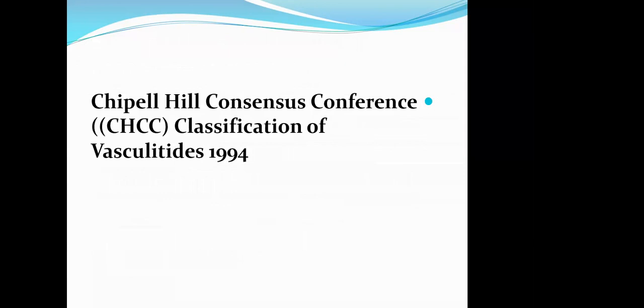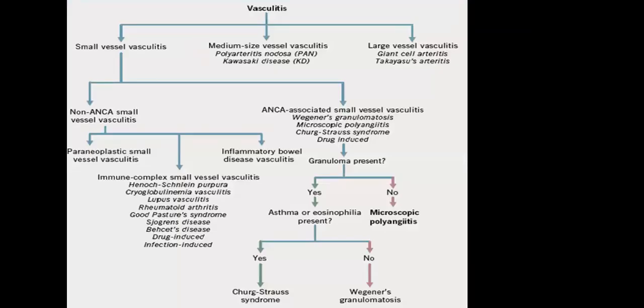We have a classification which was labeled in 1994, and it divides vasculitis according to the size of the blood vessel. We have small vessels, medium-sized vessels, and large vessels.